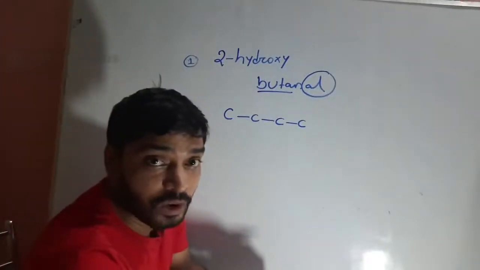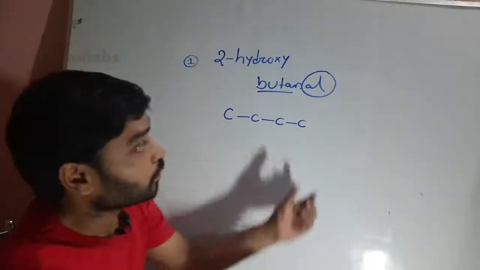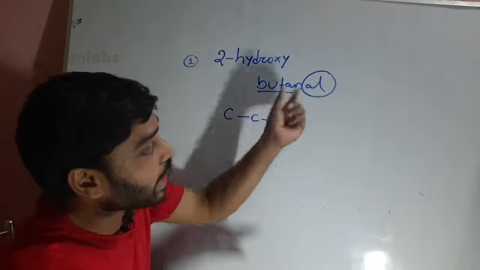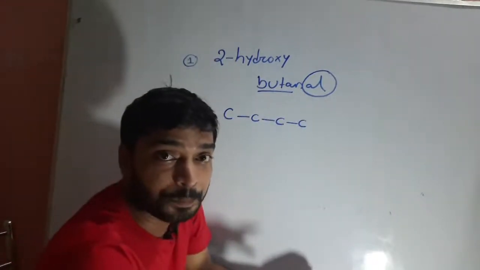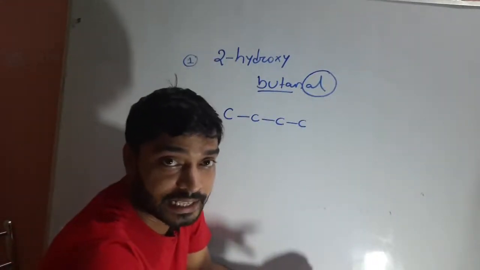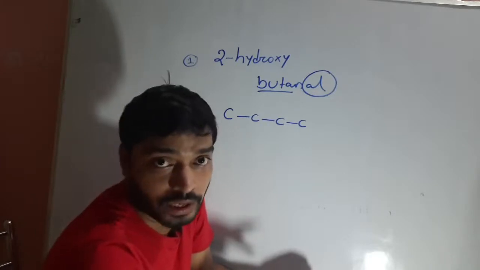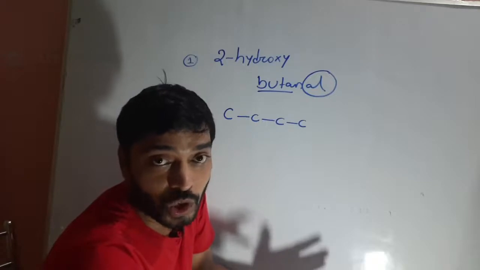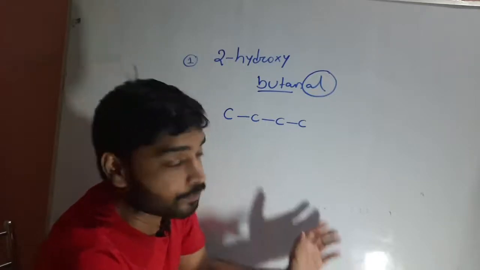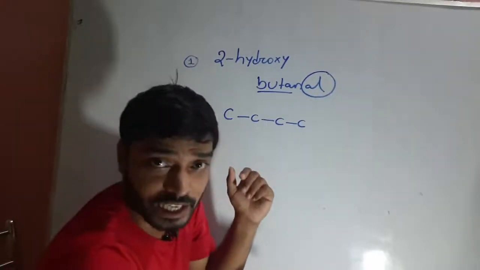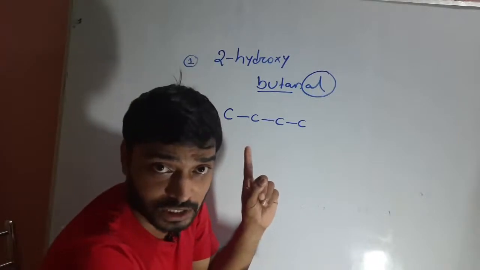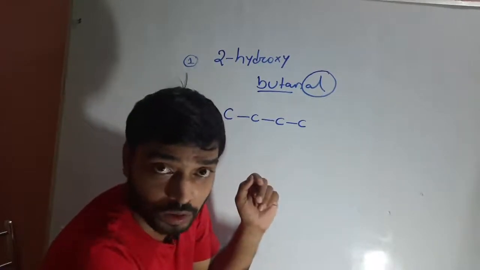As the concept says, the al suffix represents the functional group aldehyde. Aldehyde is a monovalent functional group and it always occupies the terminal end of a hydrocarbon chain or longest continuous carbon chain in case of an open chain organic compound.